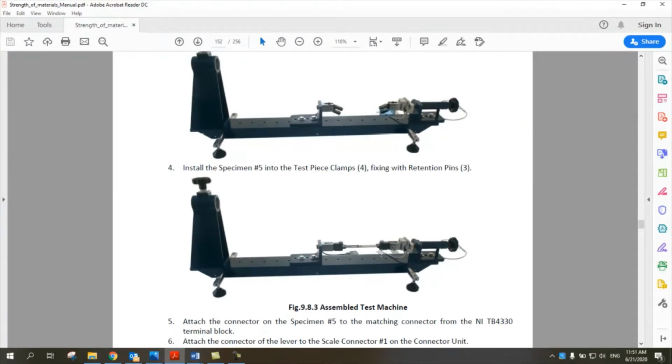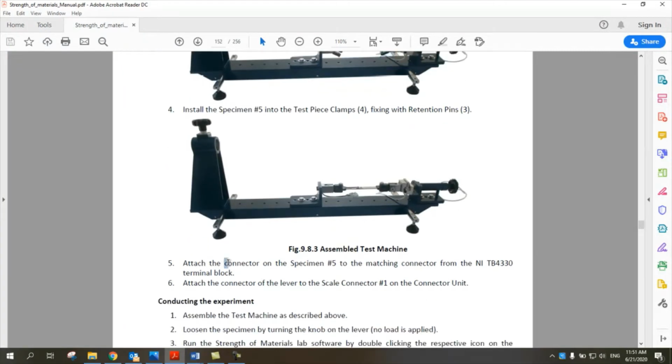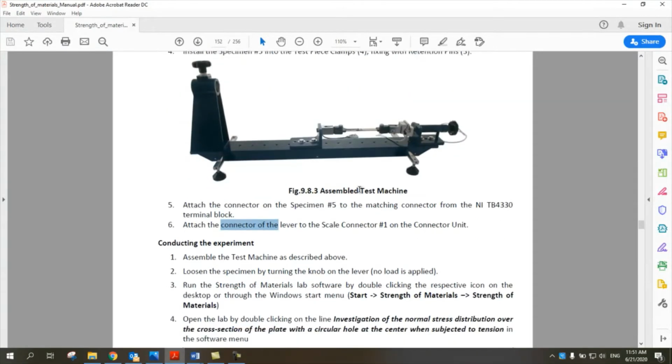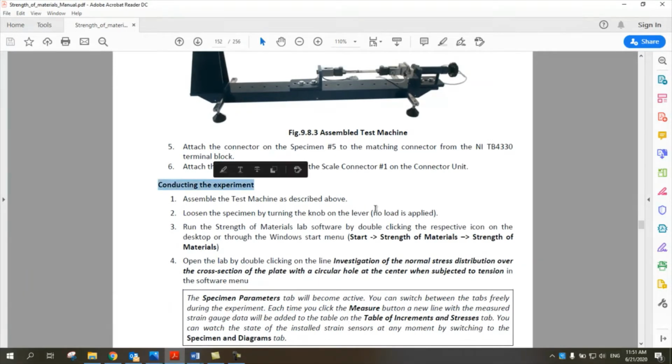Of course, we need to attach the connectors and connect the wires to the computer so that we will be able to read the values of the sensors in the computer. So let's go and conduct our experiment.